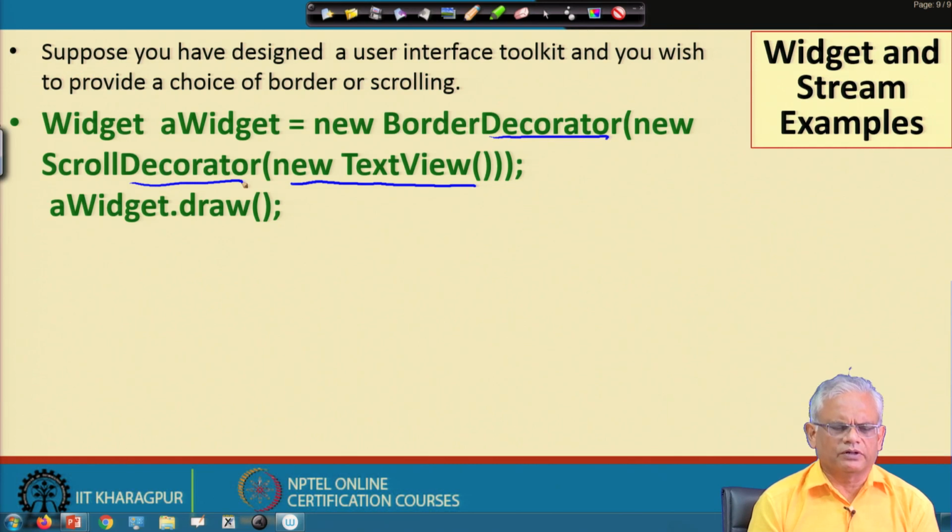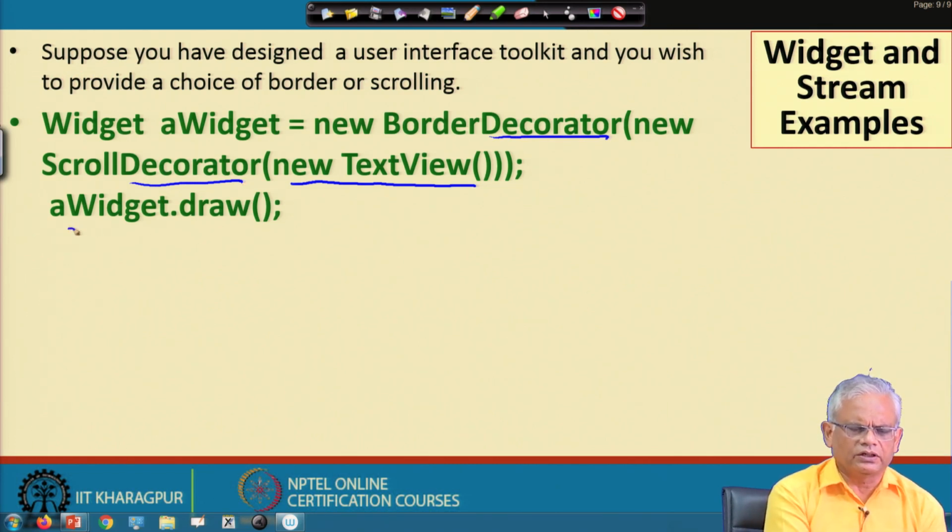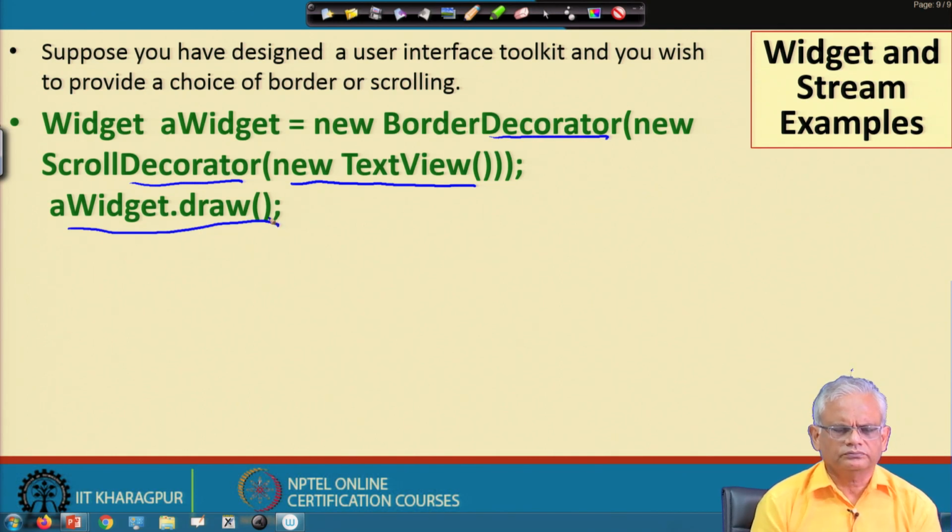in Java Swing based user interface development. And then if we say widget.draw, the draw method of the outermost component, that is the border decorator, will be invoked, and that in turn will pass the request to the scroll decorator.